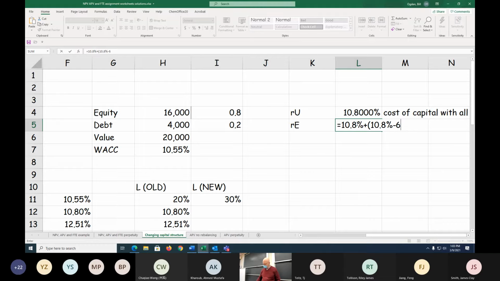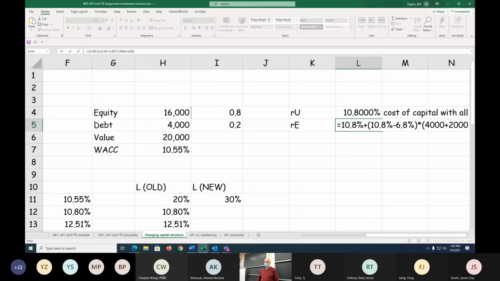So let's try it. 6.8% is the new RD. Now, if I give you a problem on an exam and I don't give you a new RD, just use the old one, right? Okay, times, and let's just structure this. We need debt, so debt was 4,000, and we're gonna add 2,000 to that.